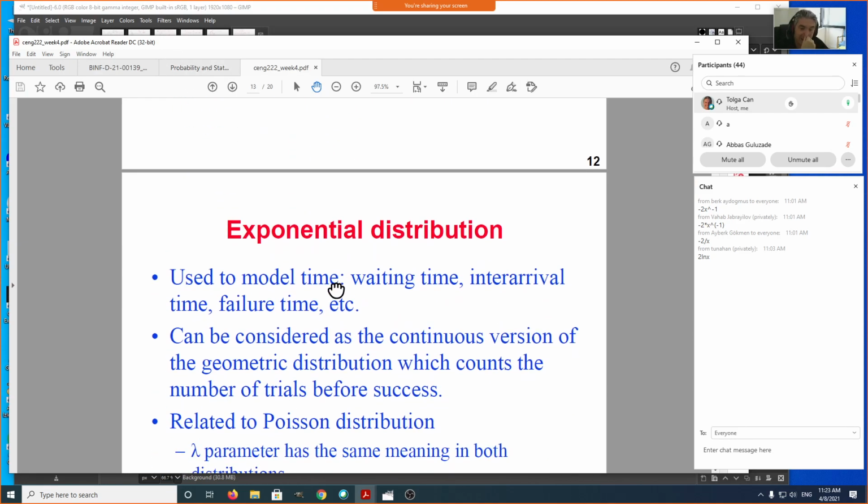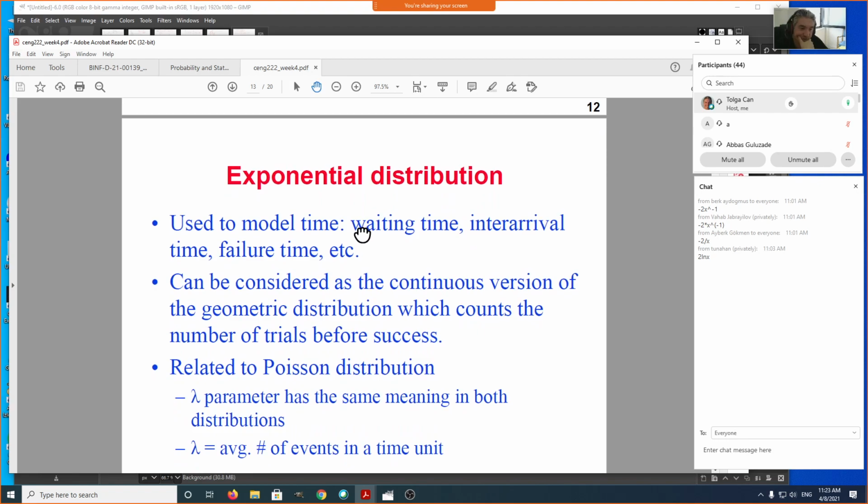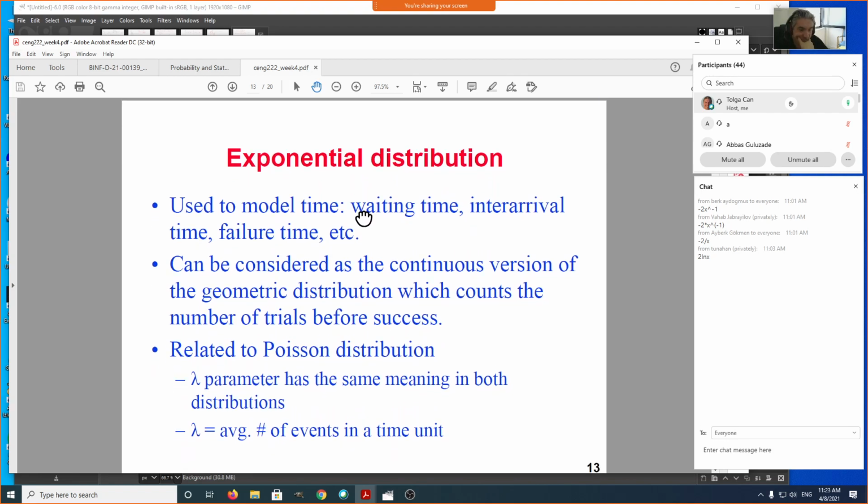All right, and now the final thing that I'm going to discuss today until 11:30 is exponential distribution. As I said, exponential distribution is related to Poisson. It's the lambda in Poisson, the average number of events in a time interval, has the same meaning.